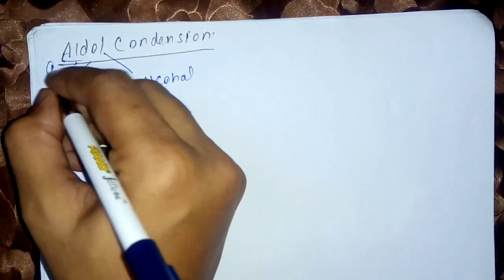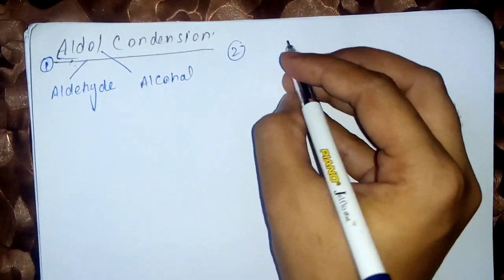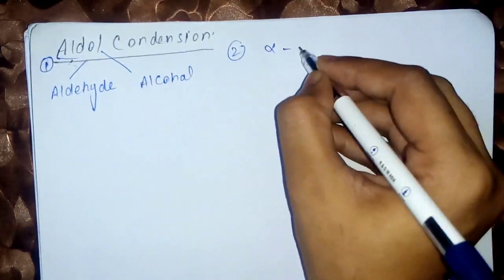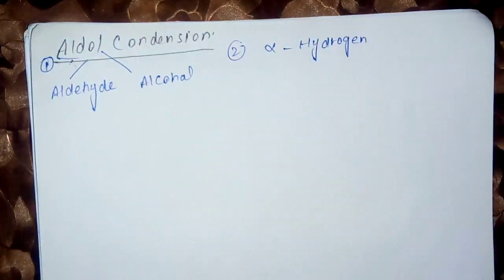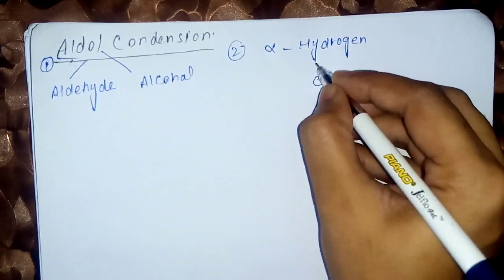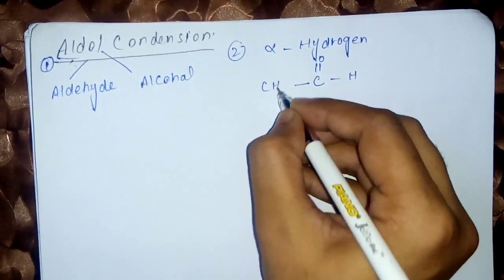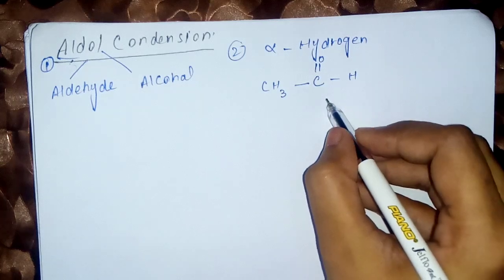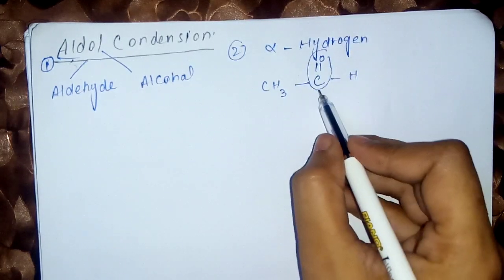The first point is that, and the second point is that aldol condensation is carried out in the presence of alpha hydrogen. So the question arises, what is alpha hydrogen? An example of an aldehyde is acetaldehyde. This is called the carbonyl functional group.